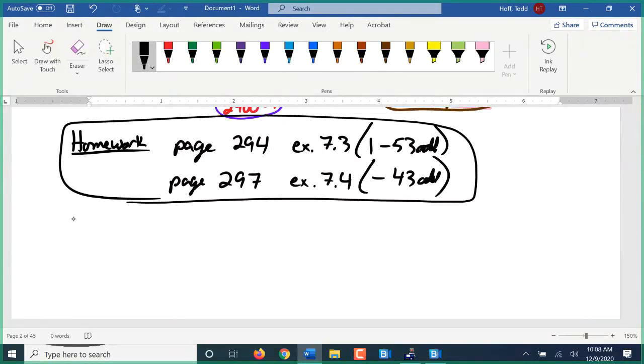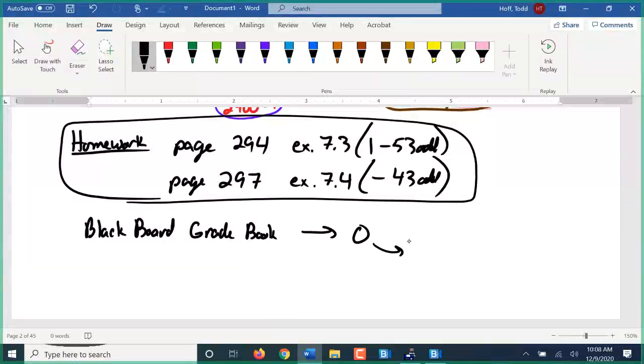So make sure you look through the Blackboard grade book. Everything should be updated in there. There's a couple of things I have left to grade, but you can see that you've submitted it. If you have any zeros, make sure you're working on that. Make sure you complete those and turn them in.